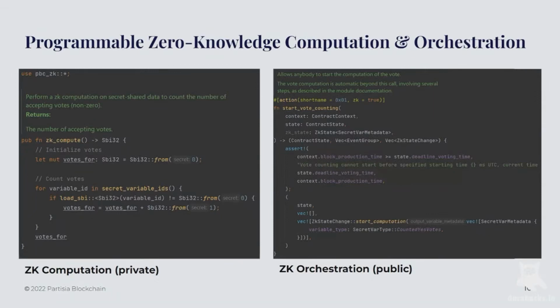I would like to show you what an actual contract looks like, because this entire setup with the blockchain, with the CK nodes, and with the public and the private smart contract actually allows you to obtain programmable zero-knowledge computation and orchestration. So on the left side here, what I'm showing you is a small part of one of our example contracts.